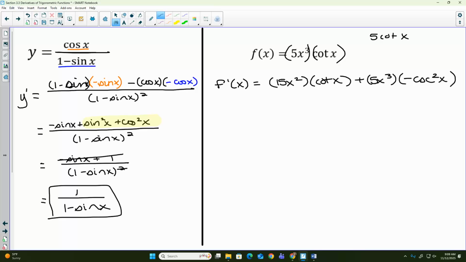So derivative of tangent is secant squared, derivative of cotangent is negative cosecant squared. Alright, so then we multiply, we get 15x squared cotangent x minus 5x cubed cosecant squared x. And that would be all we could do. That's our final answer.